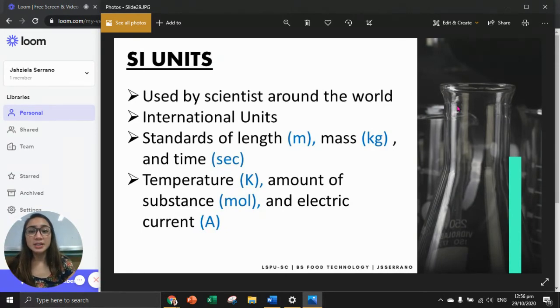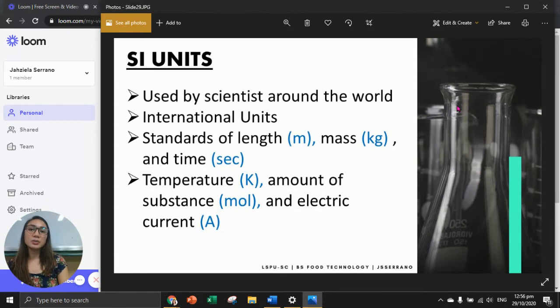And when we say international units nga, ibig sabihin, when you're reporting and interpreting them, kailangan kahit sino around the world should understand. Kaya tayo merong SI units, no? Para mas maintindihan nila and also they could reproduce it with your consent.